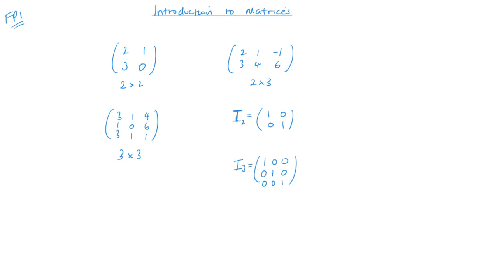And then you've got I4, I5, and IK for the general term, where K is the number of rows and columns. We will meet it very soon.